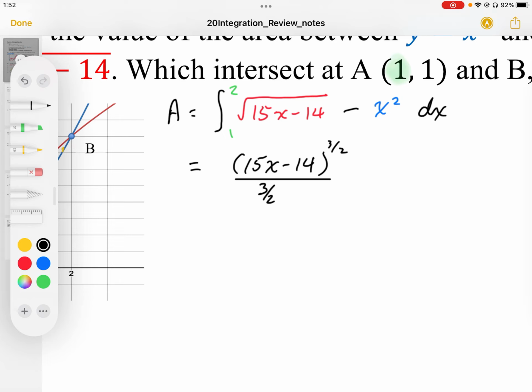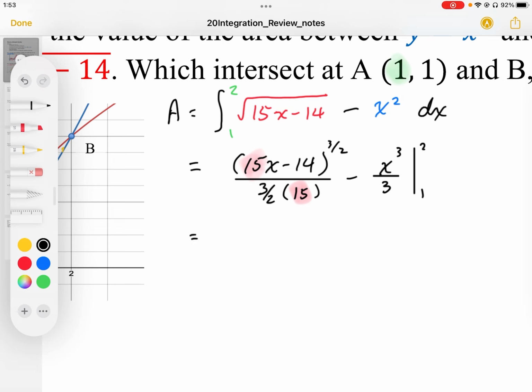And I also have to remember to divide by the 15 coefficient. Okay, so I'm just going to highlight that. Divide by 15 comes from that horizontal compression of times by 15. And then minus x cubed over 3, and my bounds are going to be from 1 to 2.